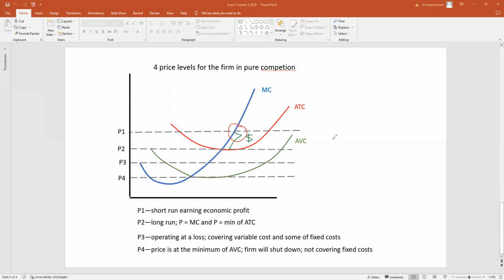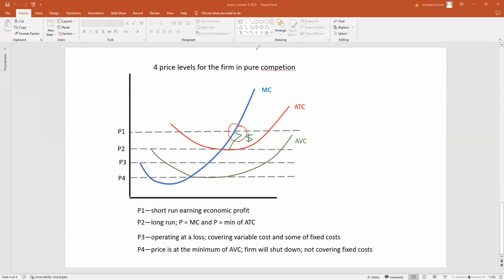But more importantly, they're going to start losing their profit, because prices will come down as more supply of firms enters the industry, and they'll begin to lose market share.